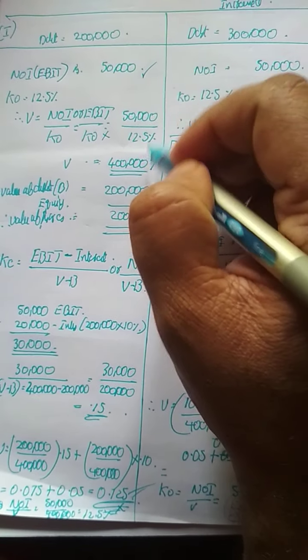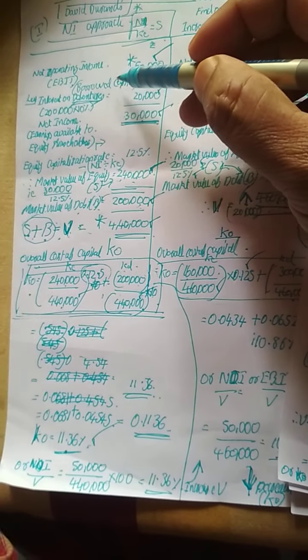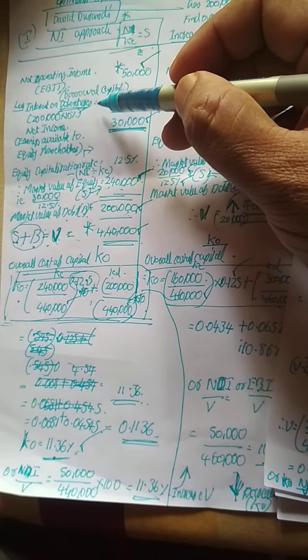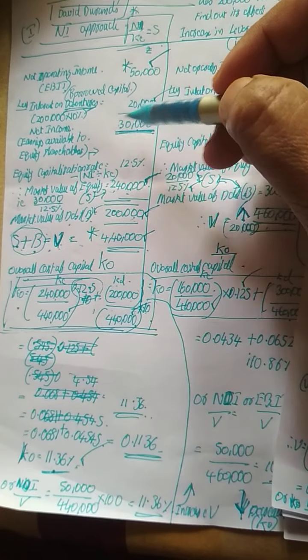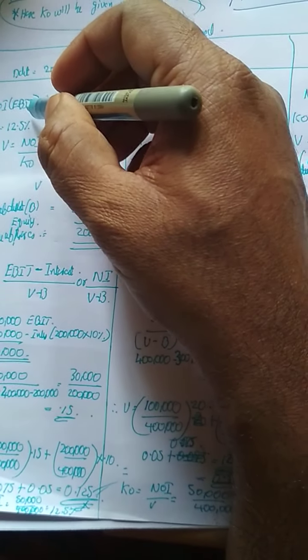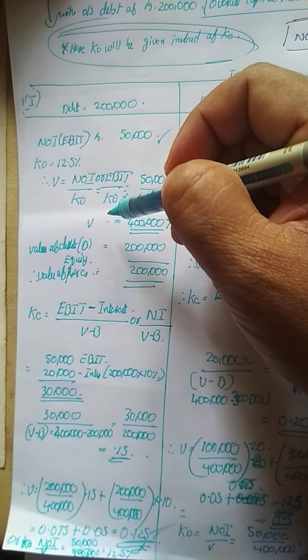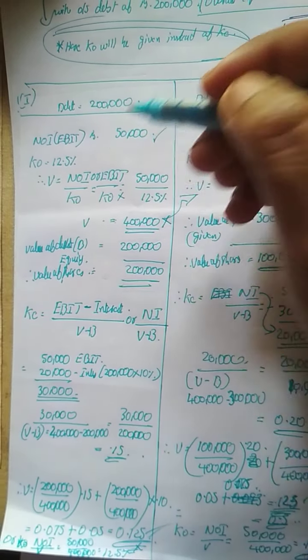The difference here is that in the last problem, under the net income approach, we deducted the interest on debentures and found the net income. Here it's not like that. From the net operating income, we directly find the value of the company.